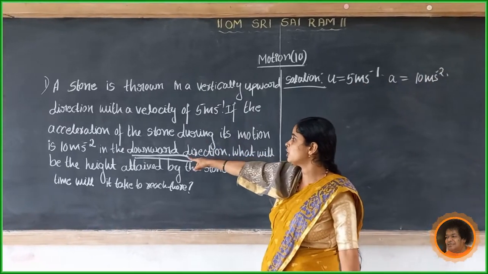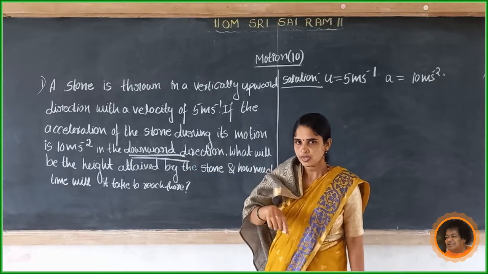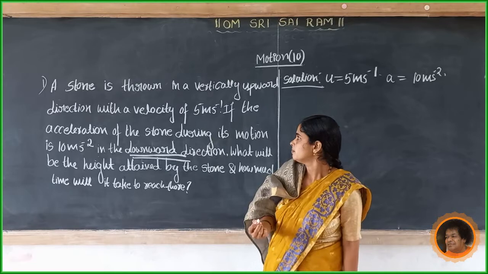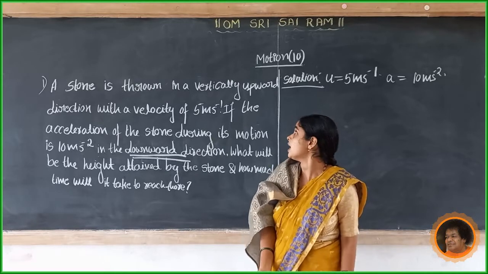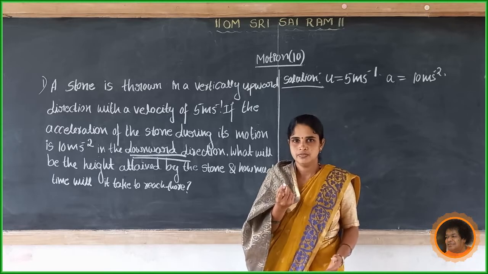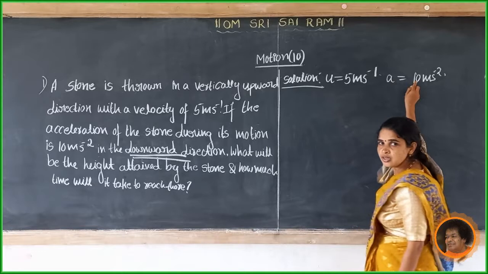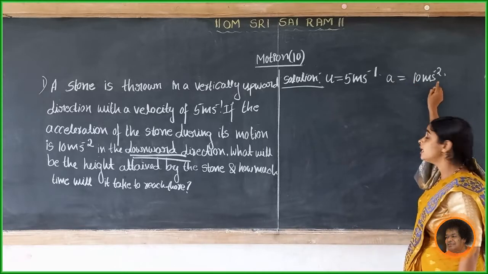But what is the direction of that acceleration? In the downward direction. But the stone is thrown in a vertically upward direction, the opposite direction. So here the acceleration value is negative.